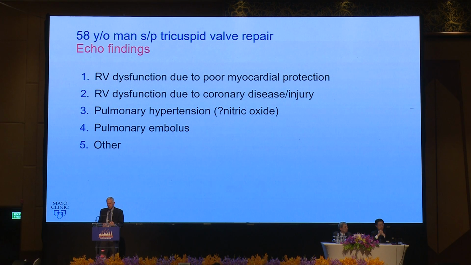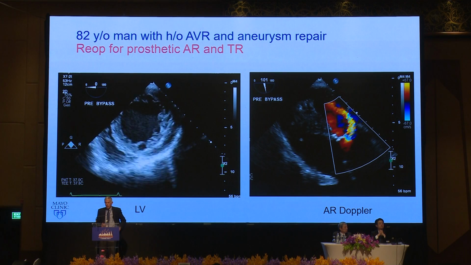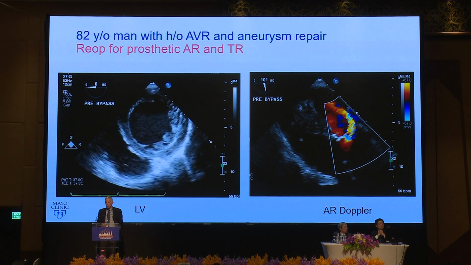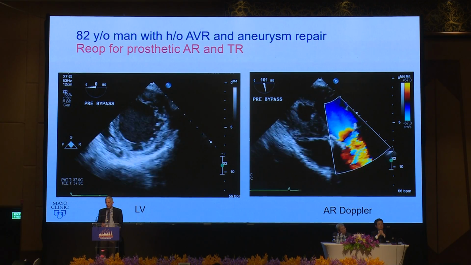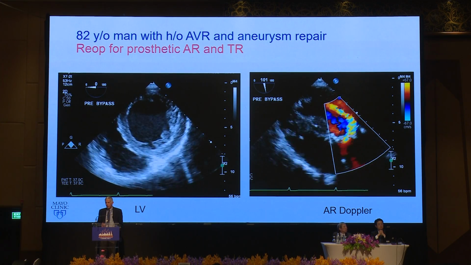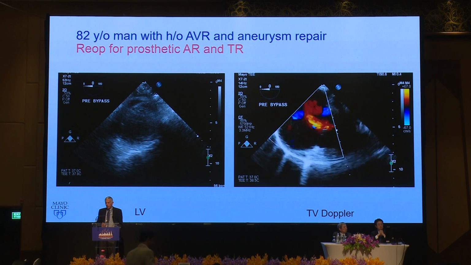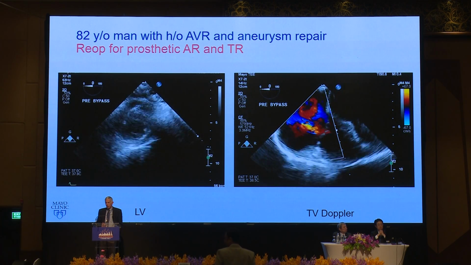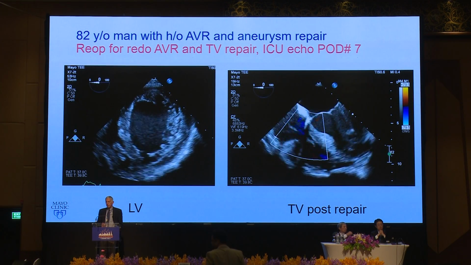The next case I'll show you is a patient that had a reoperation for prosthetic aortic regurgitation and severe TR. You can see the preoperative LV in short axis on the left, and you can see the AR there. The patient had very severe tricuspid regurgitation as well. After surgery, this patient's still in the ICU too.